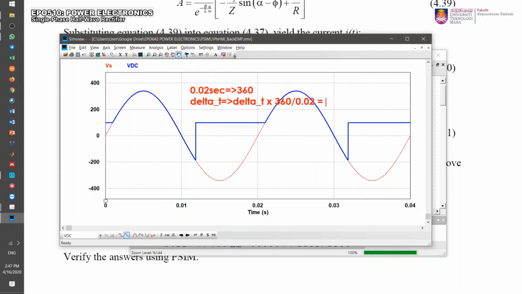So that will give you the beta in degrees. Okay.